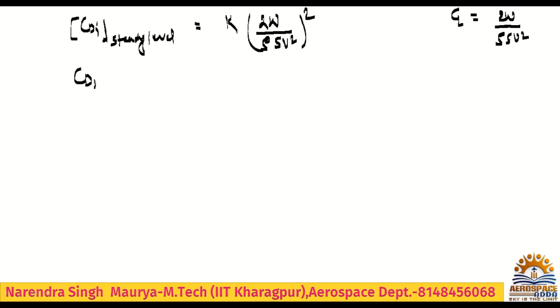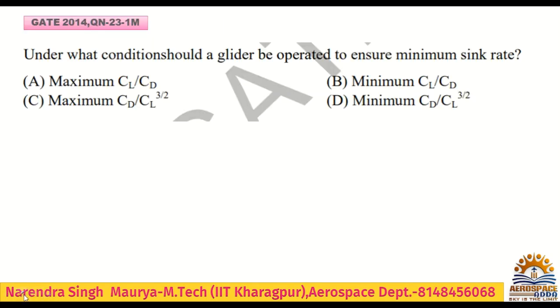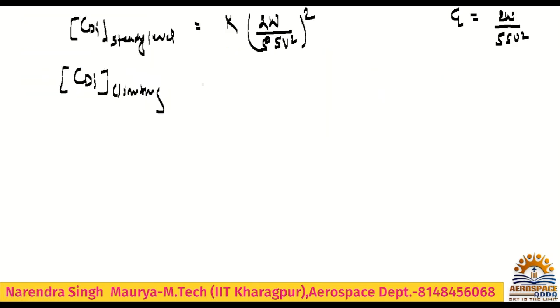Similarly, you can write CDI for climbing flight. Yes or no? It is nothing but K times 2, and what is the L value? Because L is W, I am writing directly 2W. Actually, this is 2L by rho S V square, right? What is the CL?